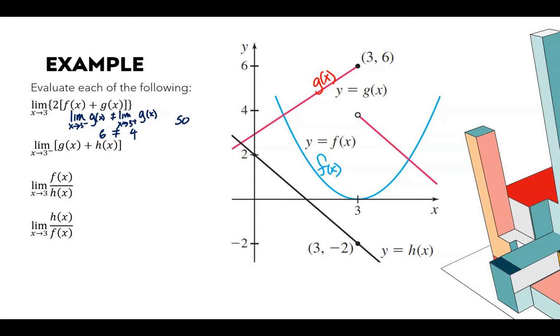So how can I do as little writing as possible? Maybe up here I'll squeeze in does not exist. Because if that limit does not exist, then this more complicated composite limit does not exist. I think this one we can do. So the limit as x approaches 3 from the left of g. Yeah, the one-sided thing is going to work.